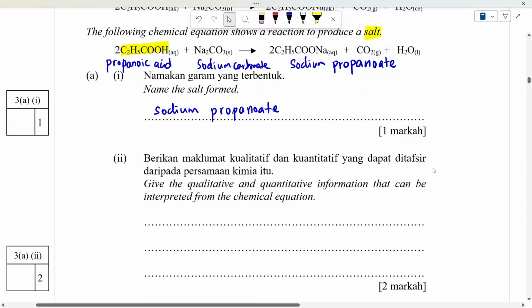Okay, now give the qualitative and quantitative information. So class, if the question asks you for qualitative information, what do we include normally?